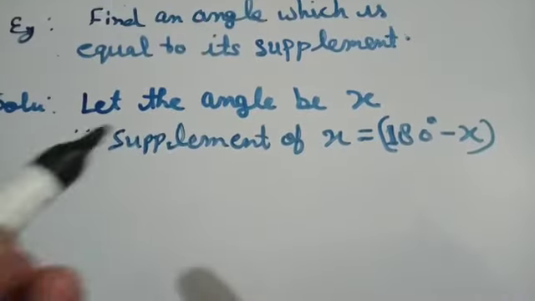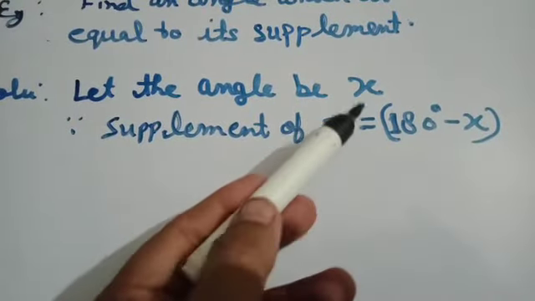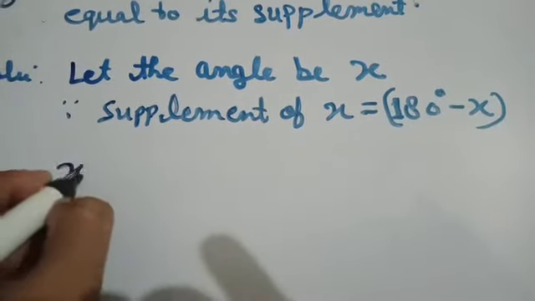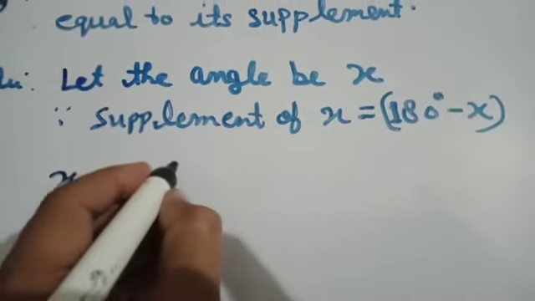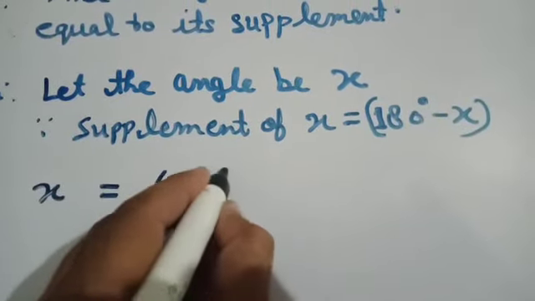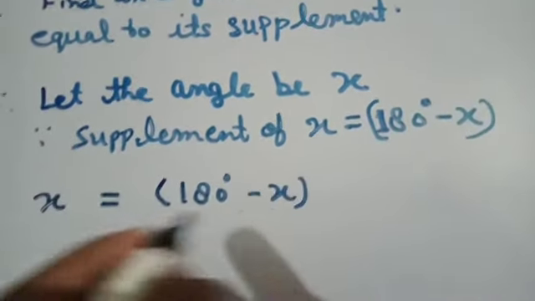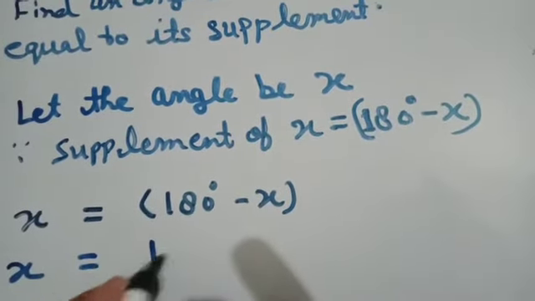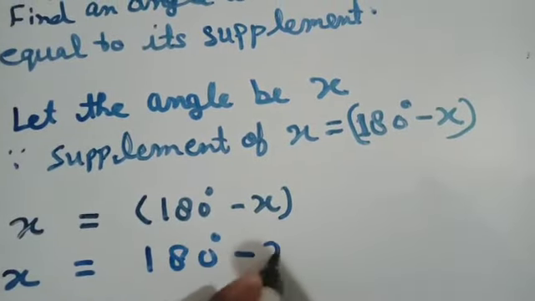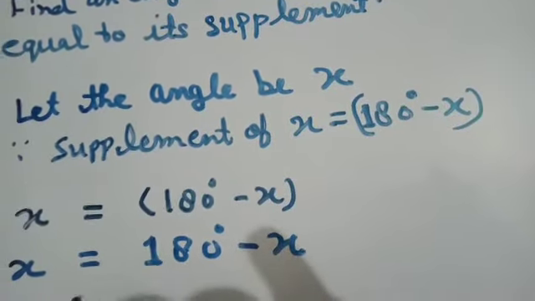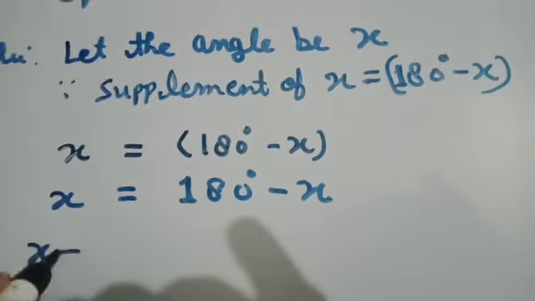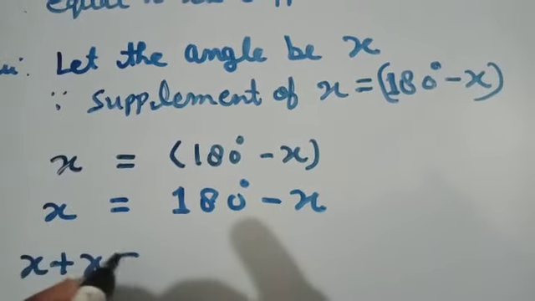Now according to the question, an angle is equal to its supplement. So you have to find the value of X: X equals 180 degree minus X. Then the X is transposed from right to left, which changes its sign.